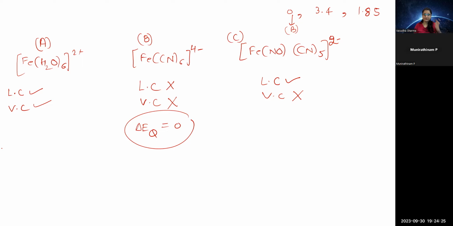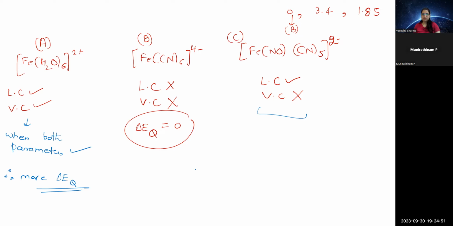Because both lattice contribution and valence contribution are available in complex A. In complex C, there is only a lattice contribution, there is no valence contribution. Right. So when both parameters are available, it has more delta EQ value. When there is only one parameter available, less. So now we can assign that A has more delta EQ compared to B and C.